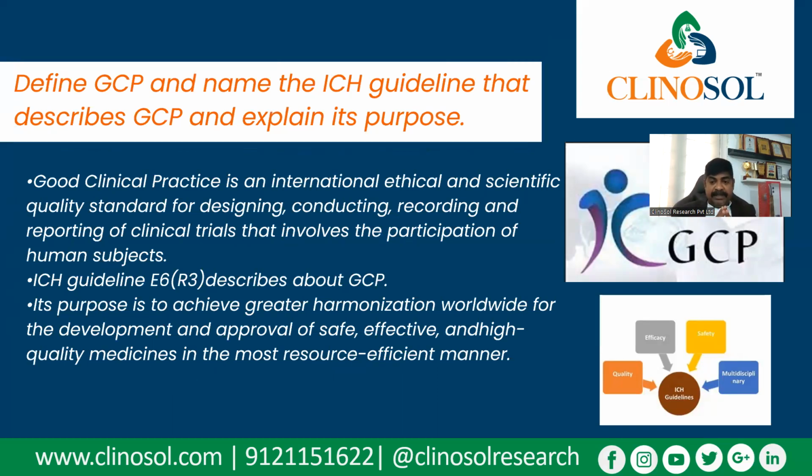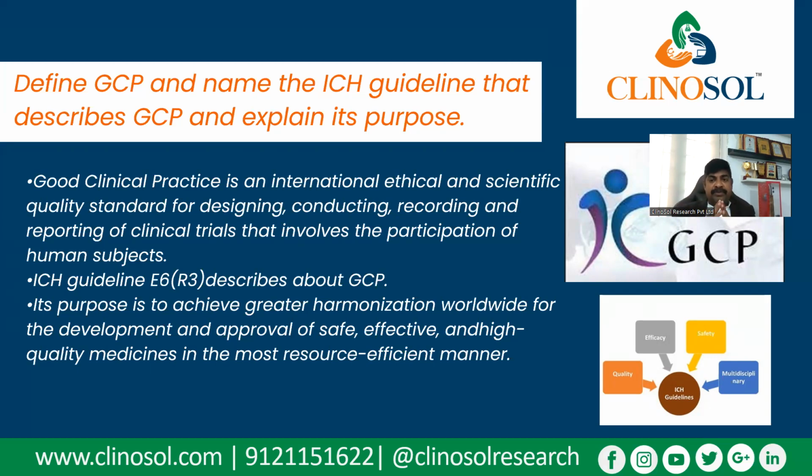And coming back to GCP, the four important sections are given at the bottom line. And how do we define GCP? GCP is an international ethical, scientific quality standard used for designing, conducting, recording, and reporting clinical trials that involve human subjects. The ICH current version is E6 R2, but the upcoming version is R3, which is in draft position.